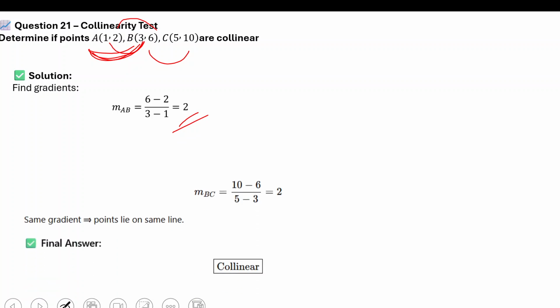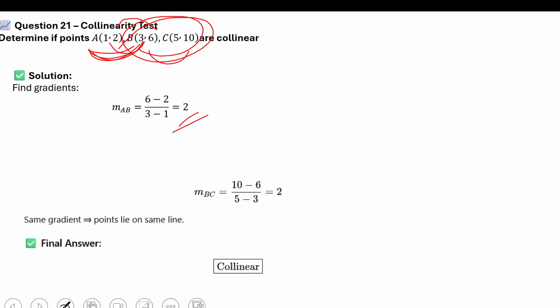For M_BC, it is 10 minus 6 over 5 minus 3, which gives me 2 again. So it means that they are collinear. So you need to know the condition for collinearity.